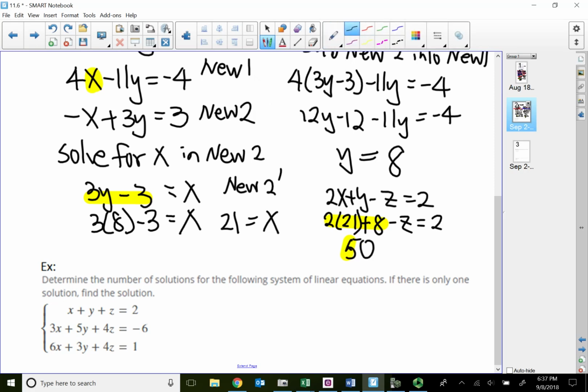So 50 minus z equal to 2. Move the negative z over, move the 2 back, and z is equal to 48. All right, so that's it. My point of intersection: x is 21, y is 8, and z is 48. That's my point of intersection between the 3 lines in 3 dimensions.